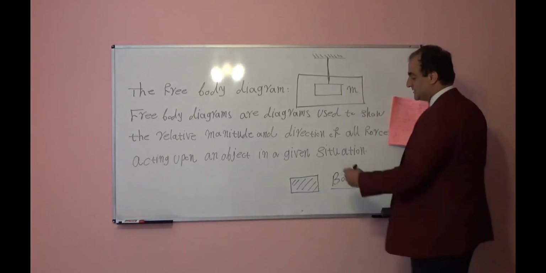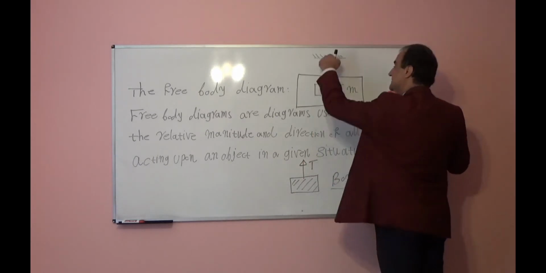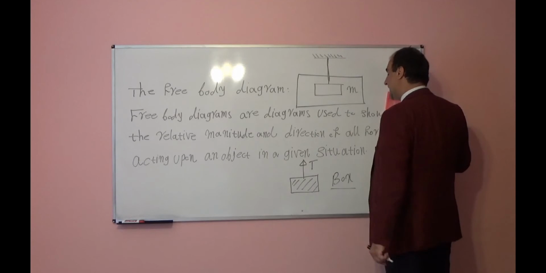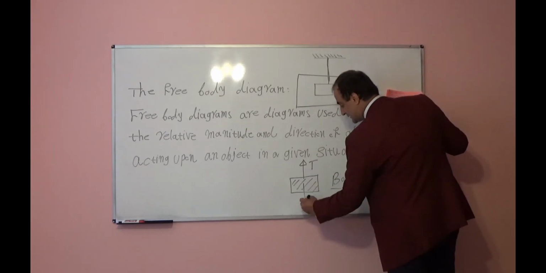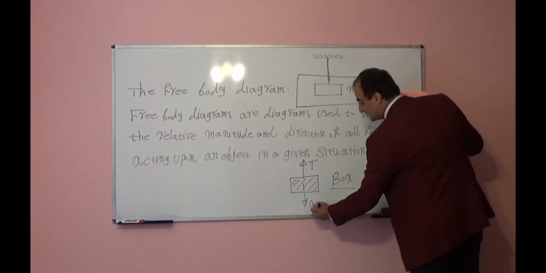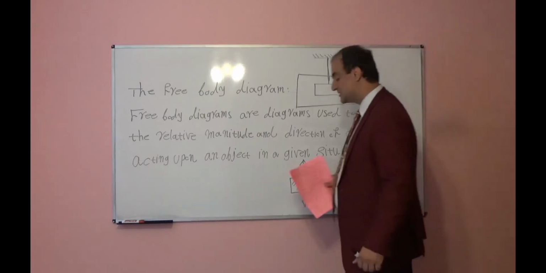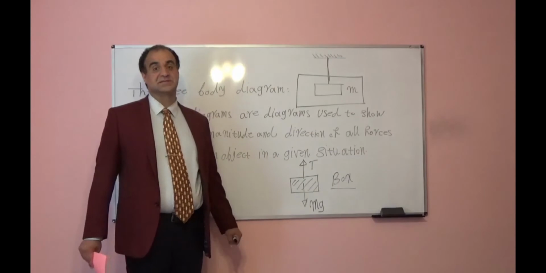One of them is the tensile force in this cable. Another force is the gravity force, or the weight, which is equal to mass times gravity acceleration. So this will be the free body diagram for this box.